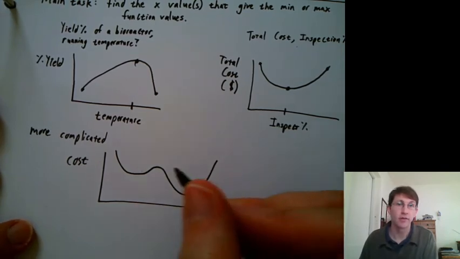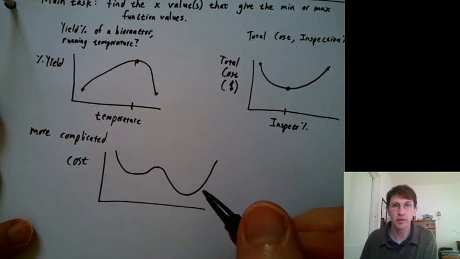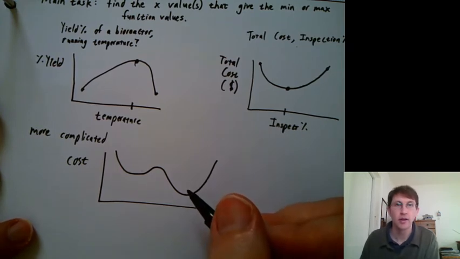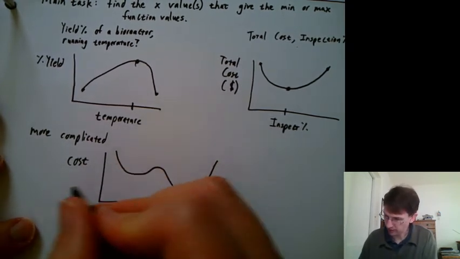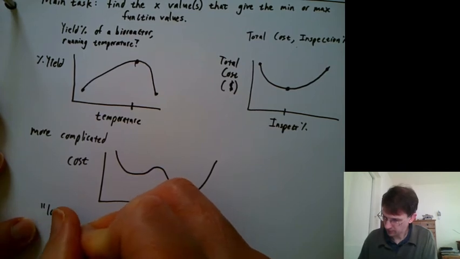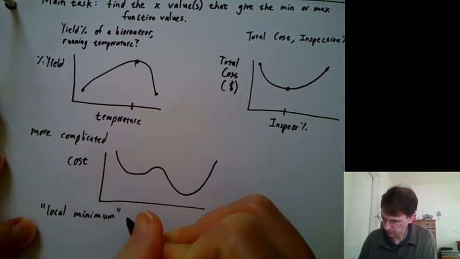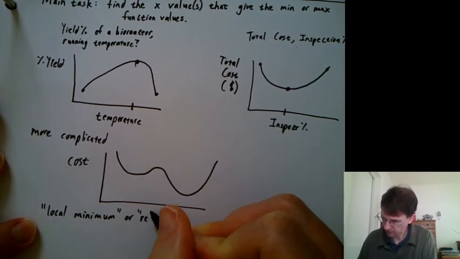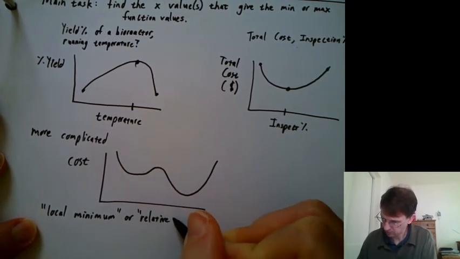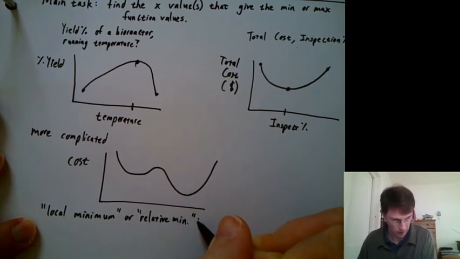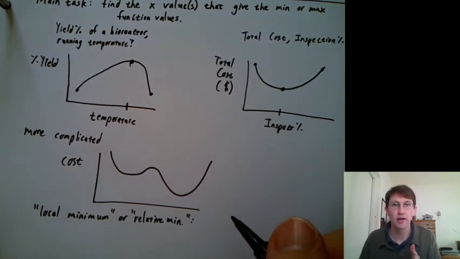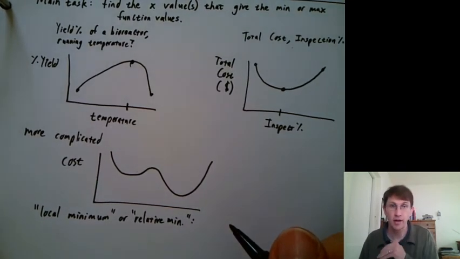There's two things you could do that are reasonably good. You would like to choose this one. So here's our first big bit of vocabulary. There's something called a local minimum, or a relative minimum. And that's something that's as good as or better than all nearby points.